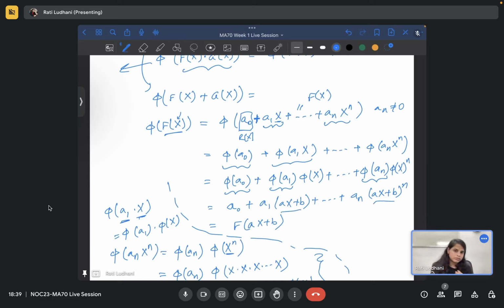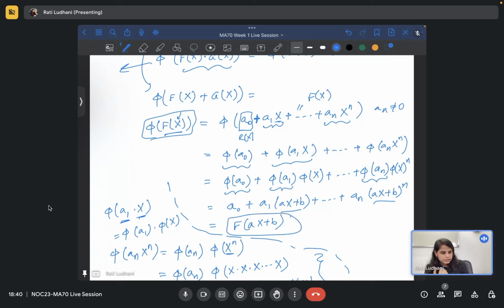So we constructed from two requirements, that it fixes elements of R and it maps x to ax plus b. Assuming that this is a ring homomorphism, it turns out that phi of f(x) should map to f of ax plus b.